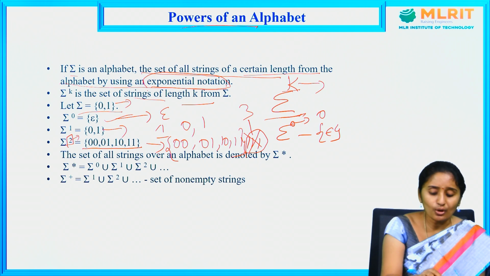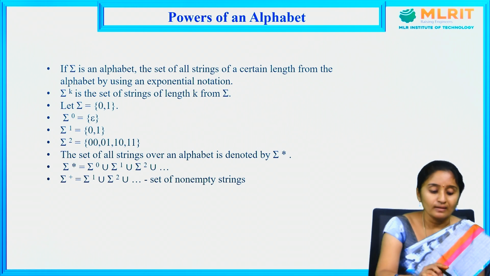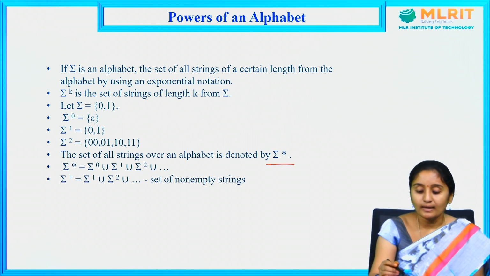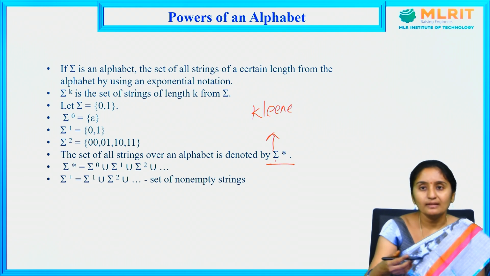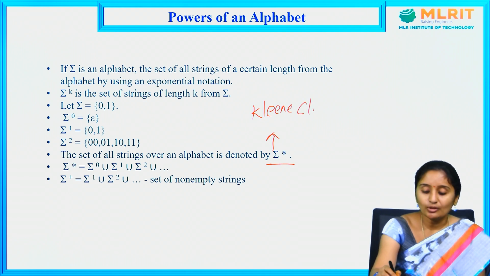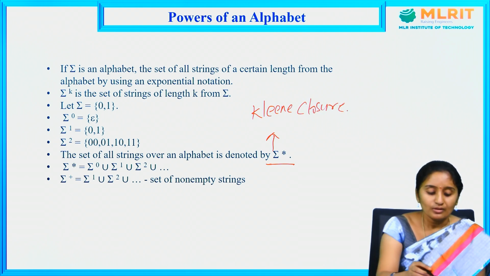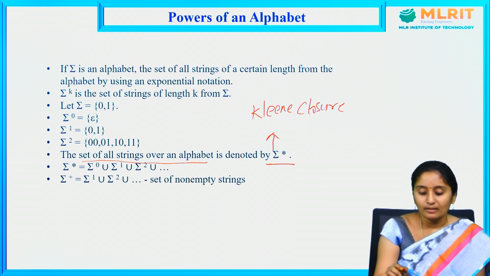The set of all strings, sigma power 0, sigma power 1, sigma power 2, and so on, can be denoted by sigma star. We call this the Kleene closure, which we will learn in the next topic. The set of all strings over an alphabet is denoted by sigma star.